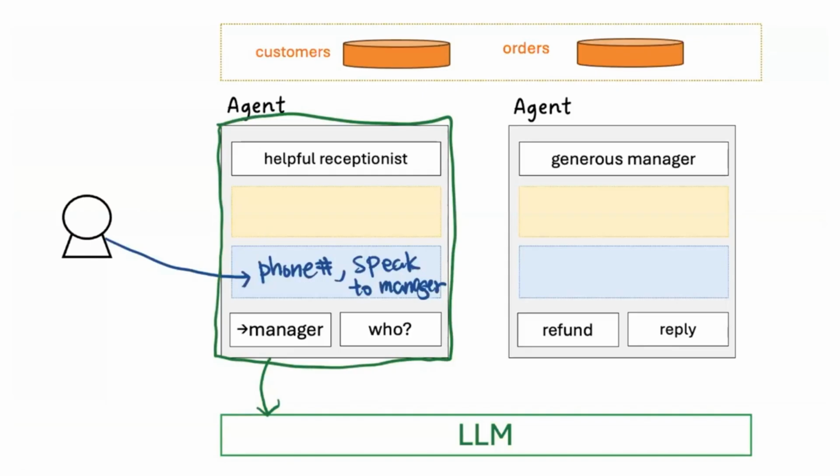It has received the user input, phone number, speak to manager, and you have two actions you can do: transfer to the manager or look up who. Initially, it decides, well, maybe I don't have to transfer to the manager right away, that wouldn't be too helpful. So I want to look at who this person is. So I use this tool, and this tool is going to engage my customer database and look it up. Well, it turns out this is an important person. It's a VIP, a very important person, and his name is Tom.